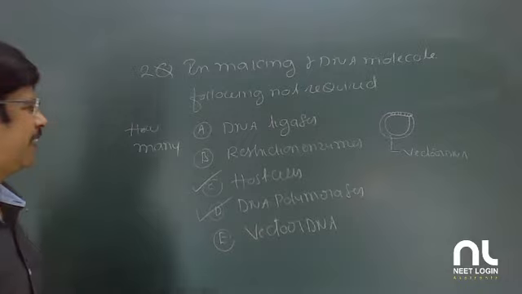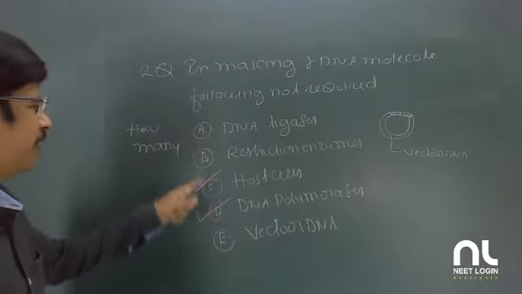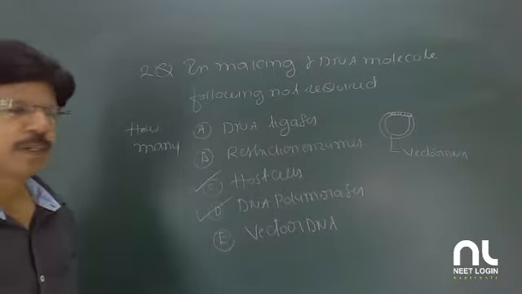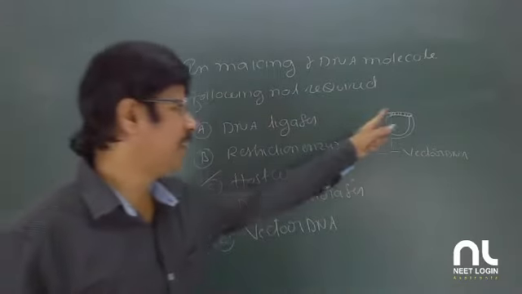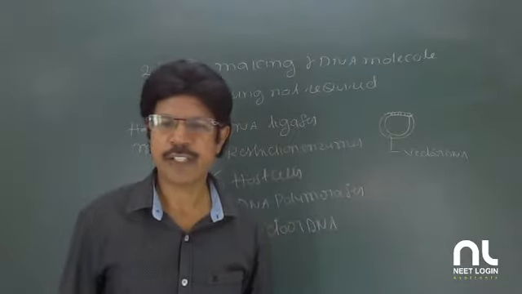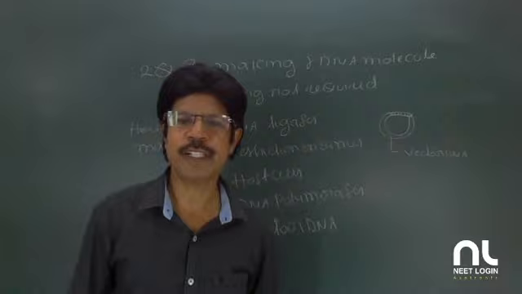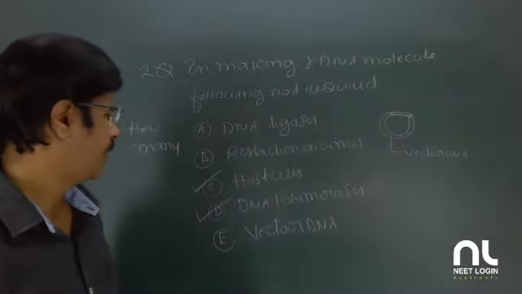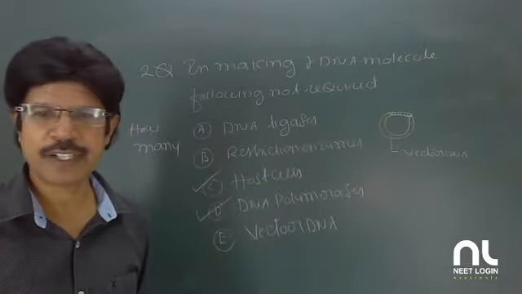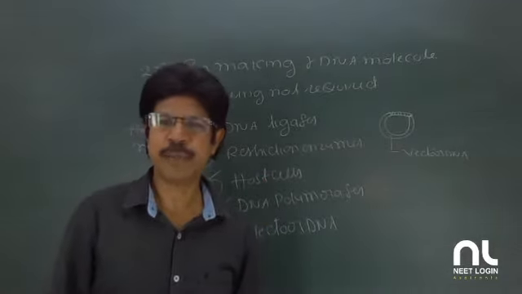What is required? A, B, E are required. Not required are host cells and DNA polymerase. Ligases are required to link the DNA. Restriction enzymes are required to cleave the DNA, the source as well as the vector DNA. To express the gene, host cells are required, which provide DNA polymerases.